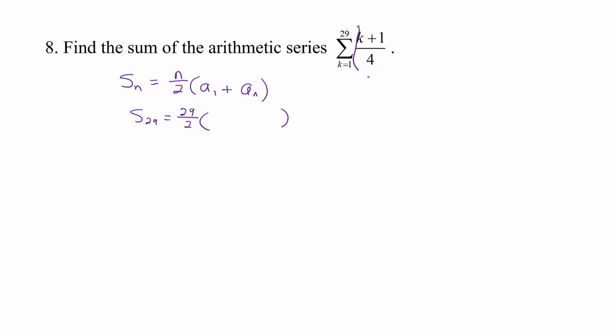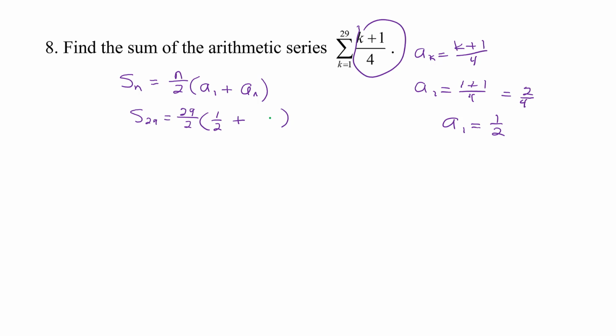We're working with k in this case, so I could say that a sub k is going to equal (k plus 1) over 4. If I want to find a sub 1 here, we're going to plug in 1 for k, and we get 2/4, which we could write as 1/2. So our first term, a sub 1, is equal to 1/2.